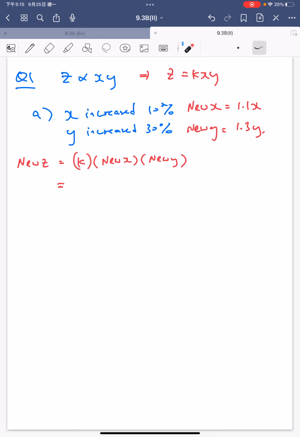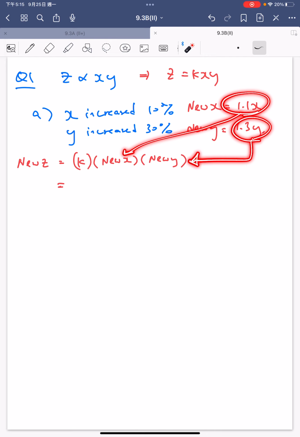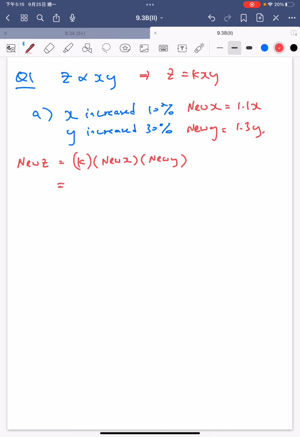We substitute 1.1x and 1.3y, then we have k times 1.1x times 1.3y. Rearranging, 1.1 times 1.3 gives 1.43 times k times x times y. That's our new value of z.